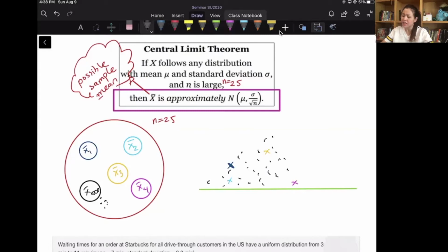And as you can see, over time, as I keep plotting the sample averages of size 25, I'm going to see something that looks very close to the normal curve.